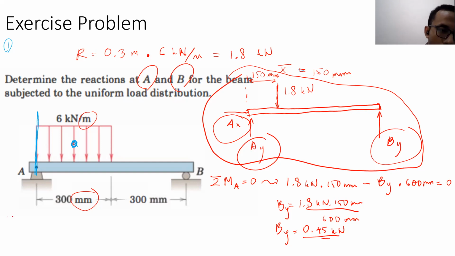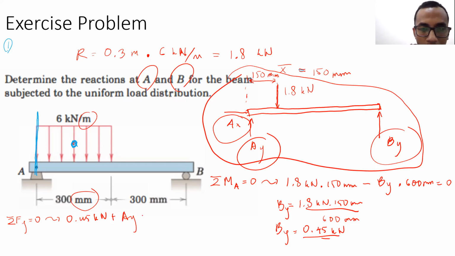Then the last one is using sigma Fy equals 0. What you have here is 0.45 kilonewton plus Ay minus 1.8 kilonewton equals 0.